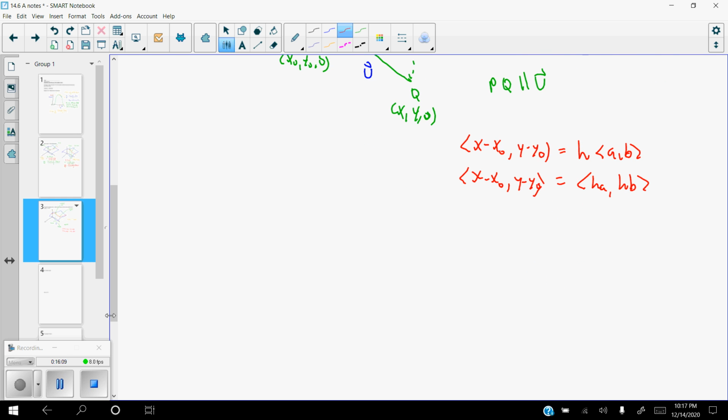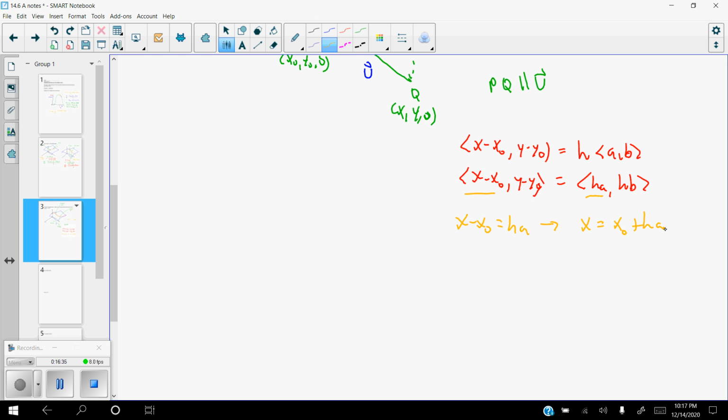So then if I want to split this up, I know that the first component here has to equal the first component there. So really that's going to tell me that x minus x naught is HA, which means that if I want to solve that for x, I'm going to add the x naught to both sides. So I would get that x equals x naught plus HA.